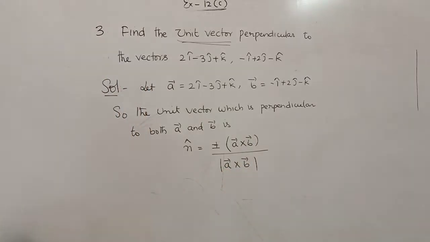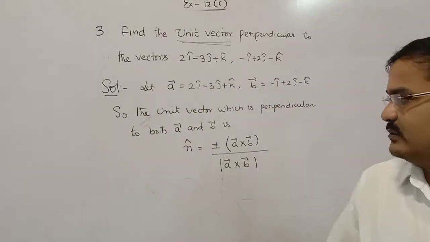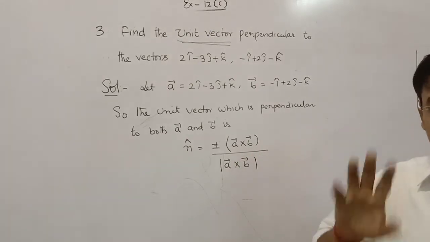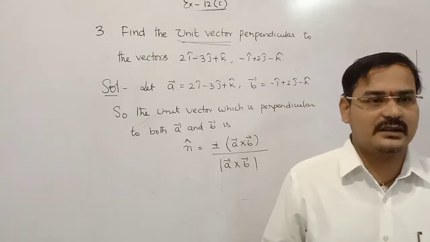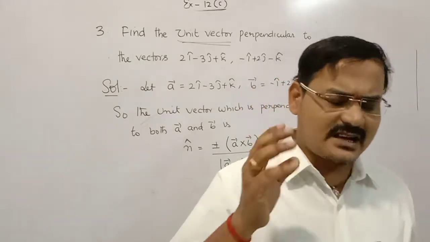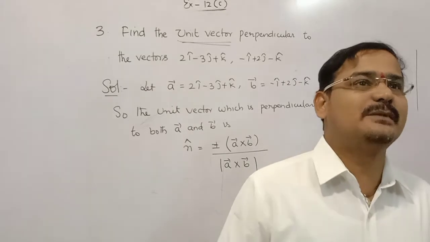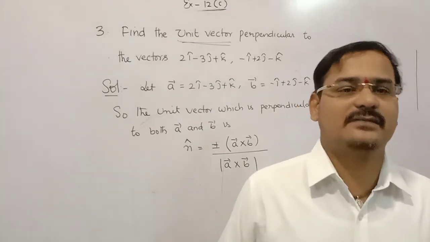We know that A bar cross B bar is a vector which is perpendicular to both A bar and B bar. I need a unit vector. In the starting classes we already discussed, if you want a unit vector, you must divide that vector by its magnitude.